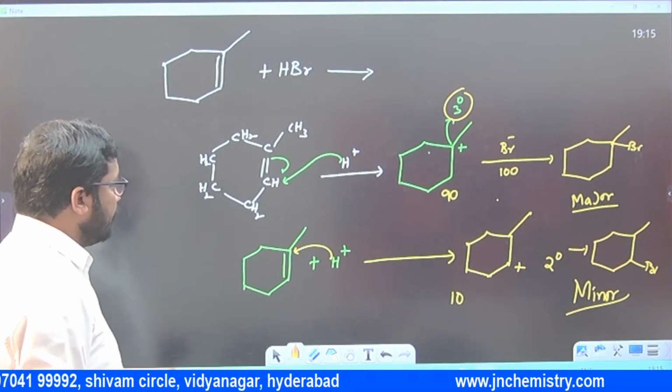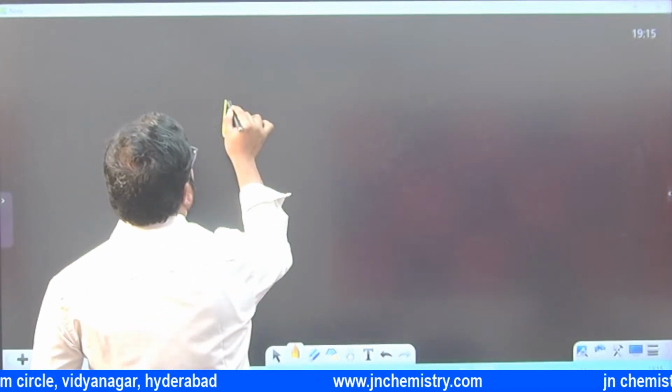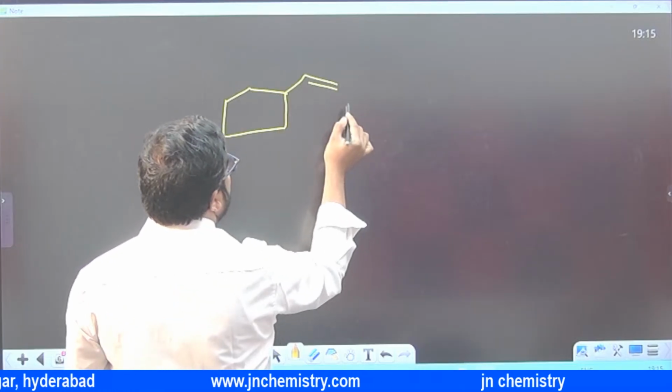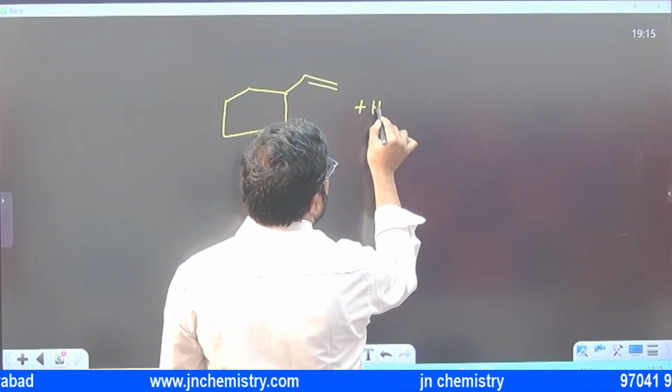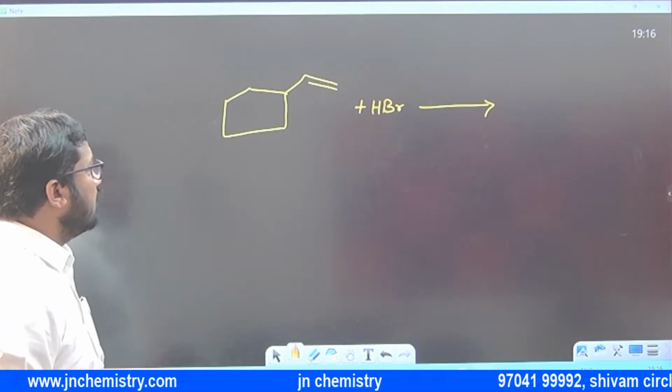Done. Next, this is highly important. Ring expansion takes place in this case. I'll give the options.